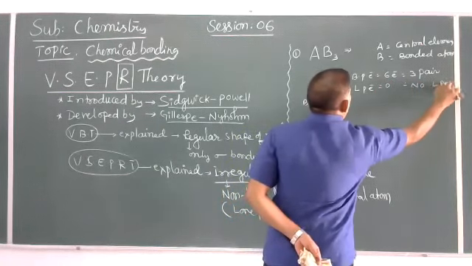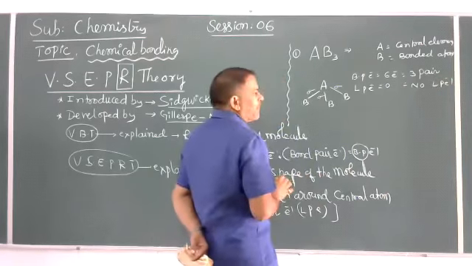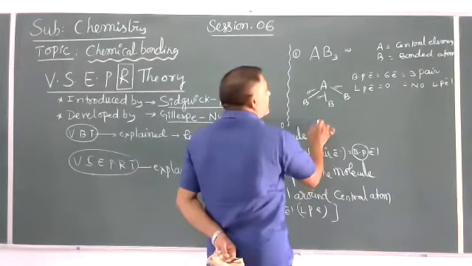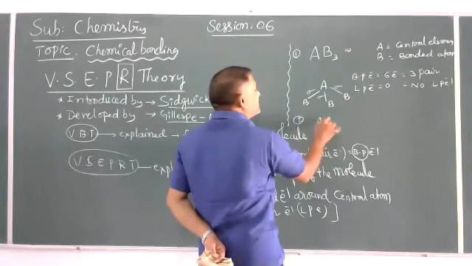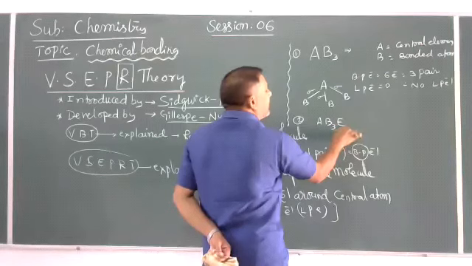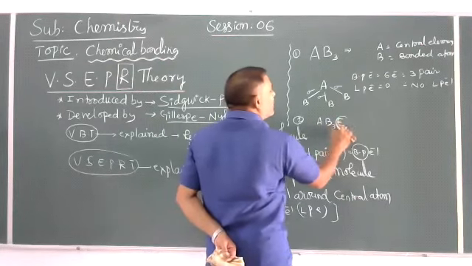There is a certain geometry. Here I'll take one more example, the AB3E model, where E indicates one lone pair is there.